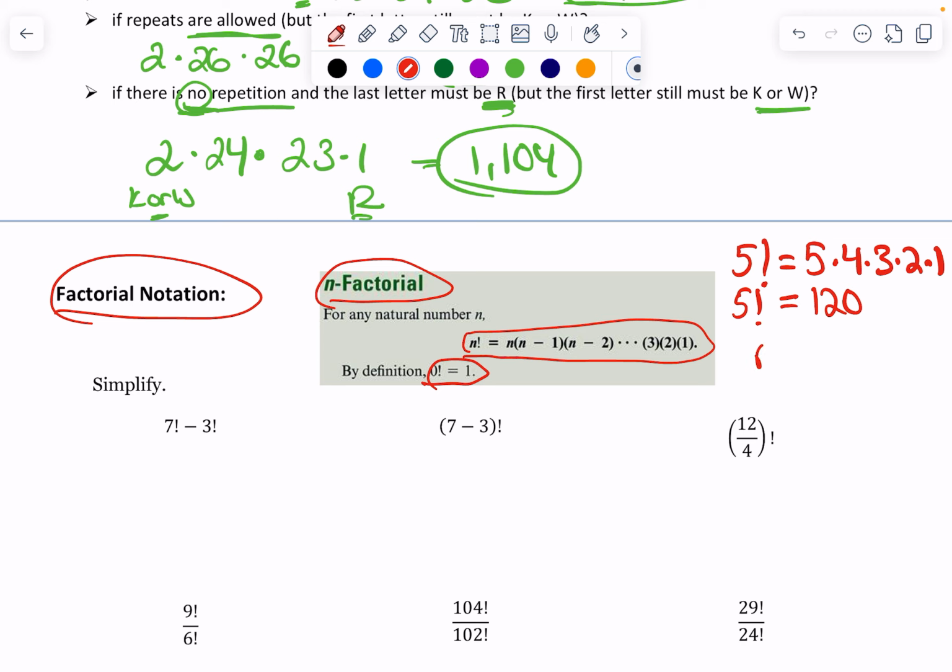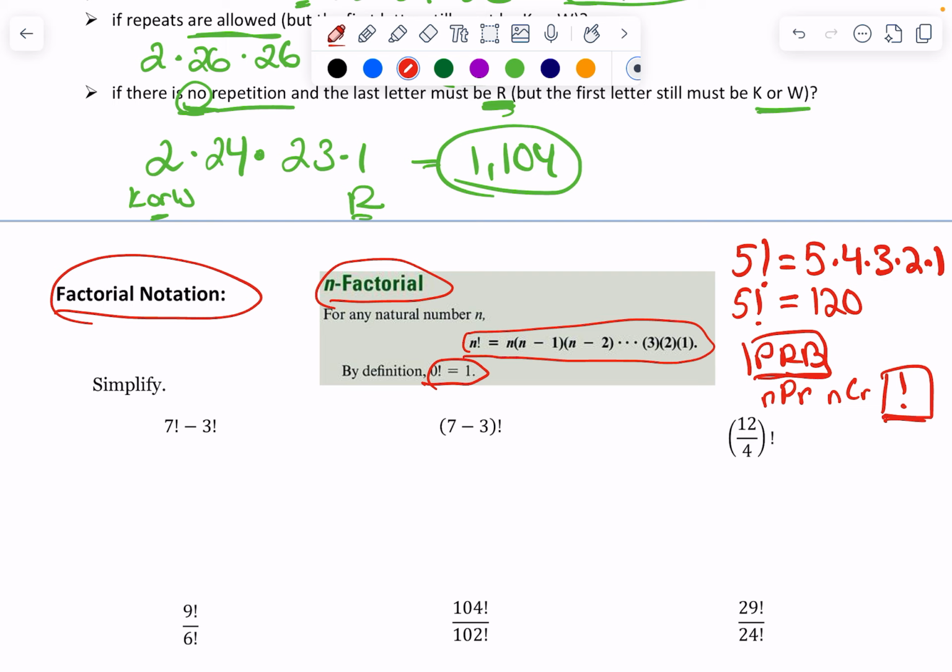When you press the PRB button, you have nPr, nCr, and then you can see the factorial notation. So you want to take the right arrow to the factorial notation. Before you can do it, you have to type in a number, for example 5, and then press PRB and then the exclamation mark.